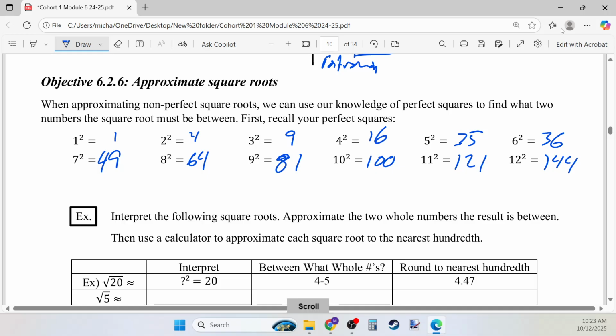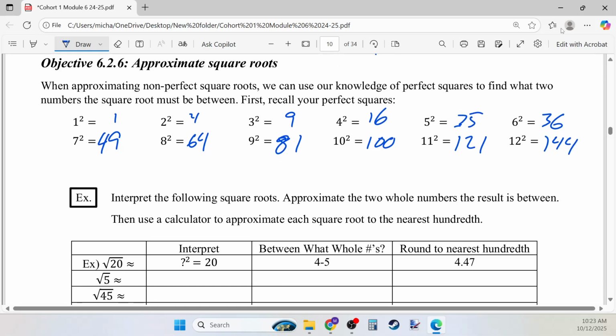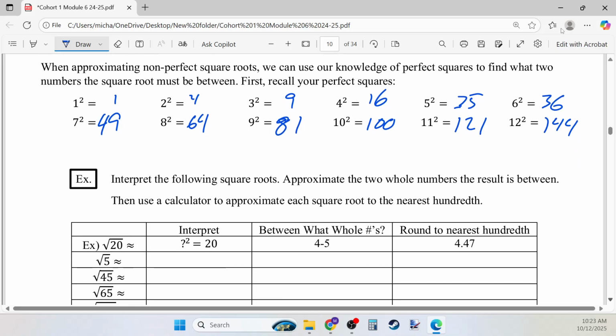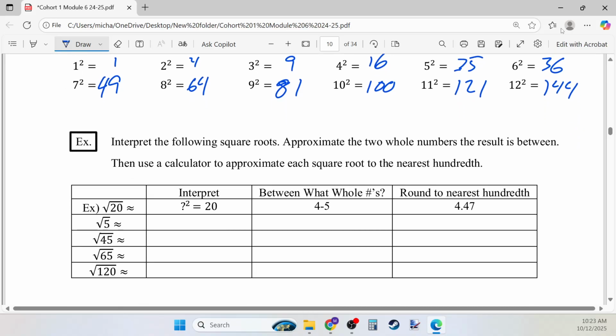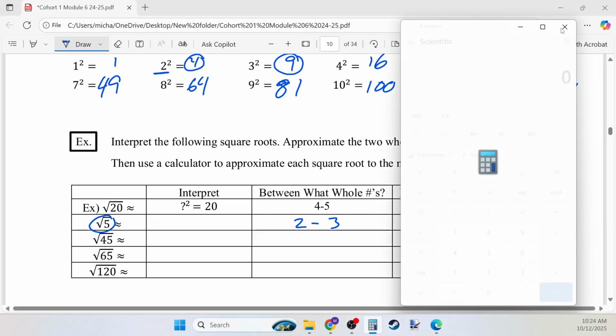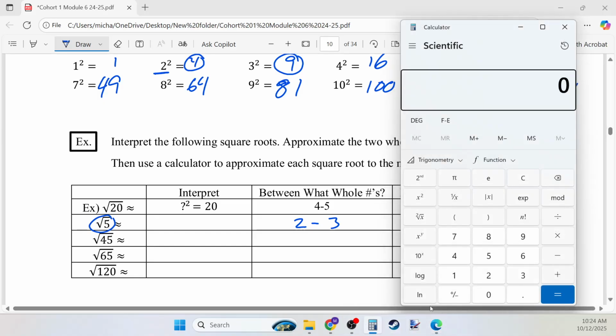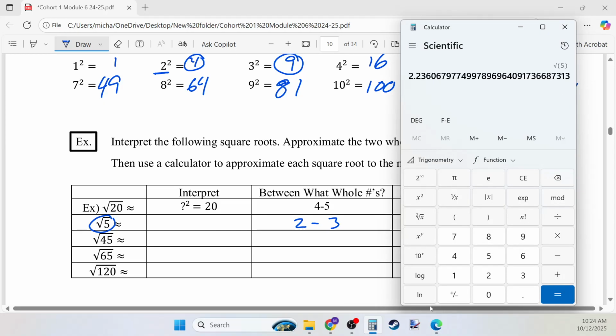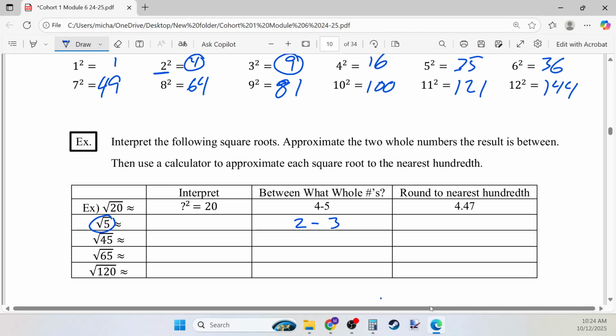So I can use this to approximate square roots. I look and I say, well, the square root of 5 has to be, well, 5 is bigger than 4, that's less than 9, so this is going to be between 2 and 3, and if I plug it into a calculator, I get that the square root of 5 is 2.24 when I round it.